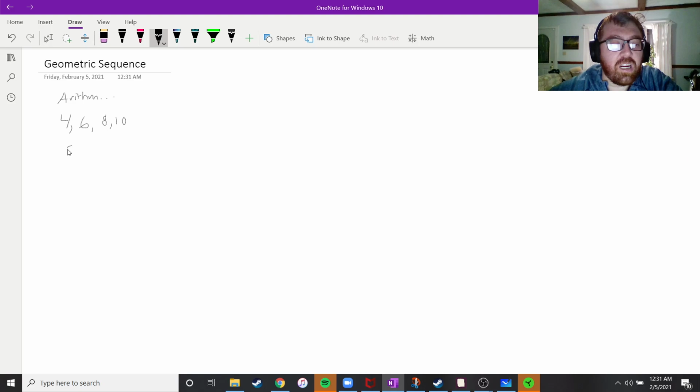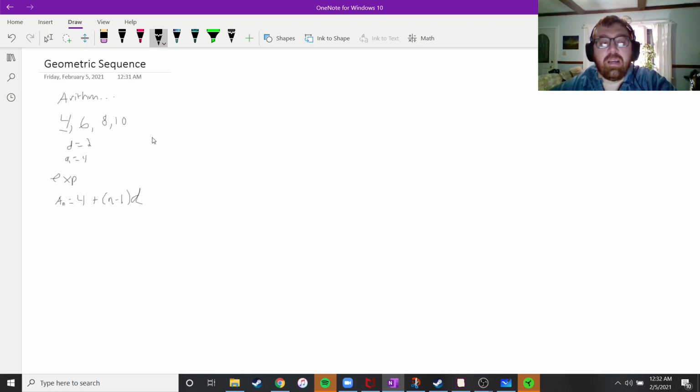In this case, our common difference is going to be 2, and A1 here is going to be 4. So our explicit formula would be a_n equals 4 plus (n minus 1) times d. Alright?